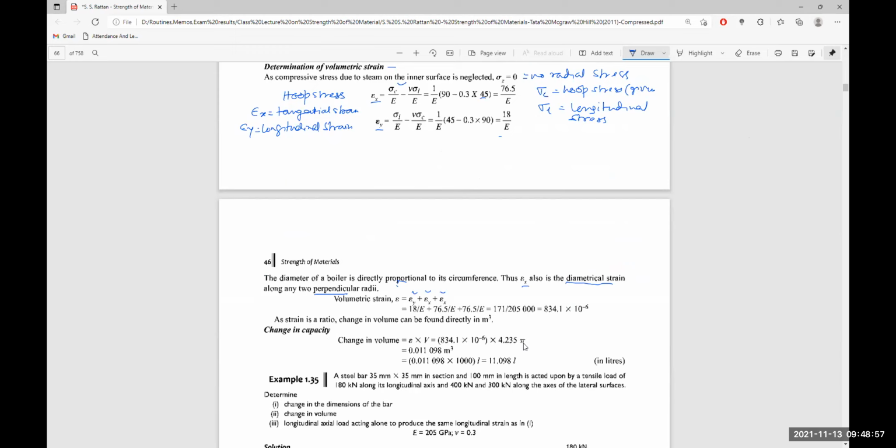So what is given here? The diametral strain, or tangential strain, or hoop strain, or circumferential strain, is acting in two mutually perpendicular directions as epsilon x in the X and Y direction, and the longitudinal strain is acting in the Y direction.